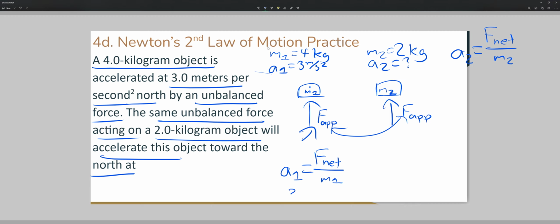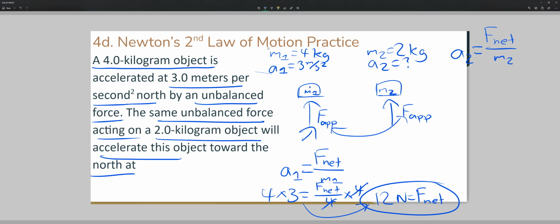And so a1 is 3. My F net is what I want to solve for. M is 4. I multiply by 4 on both sides, and I get 12 newtons is equal to F net. And so that's my net force. My net force is 12 newtons.